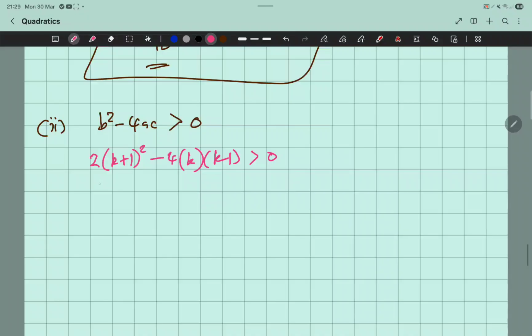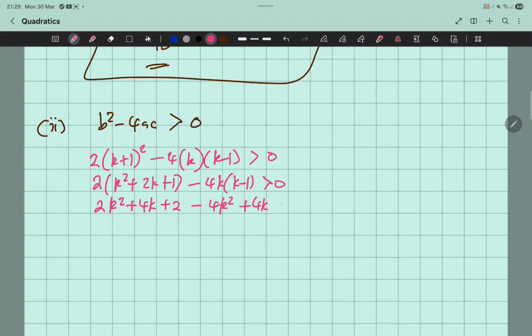So it becomes 4(k squared plus 2k plus 1) minus 4k(k minus 1), all that greater than 0. 4k squared plus 8k plus 4 minus 4k squared plus 4k, all greater than 0.